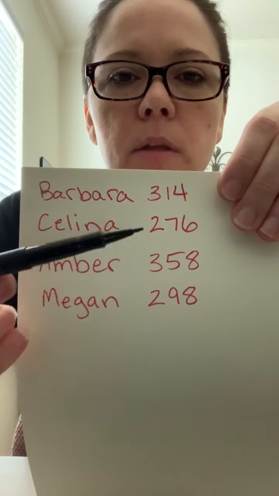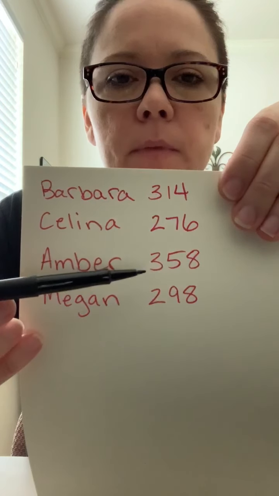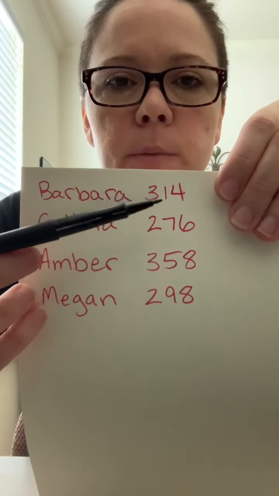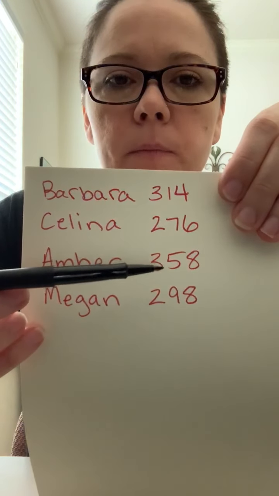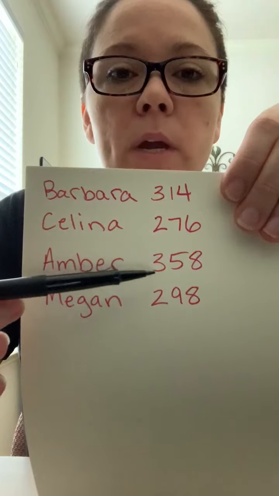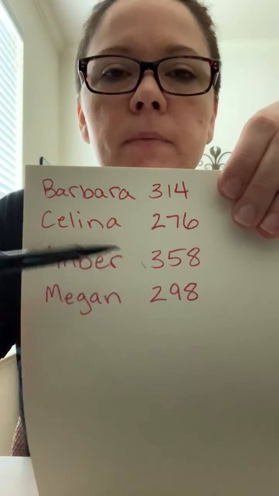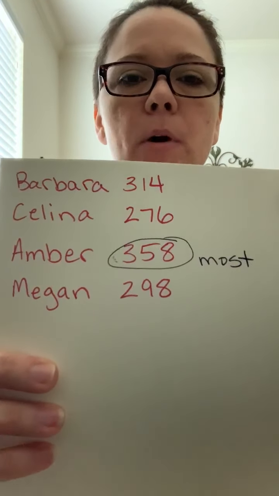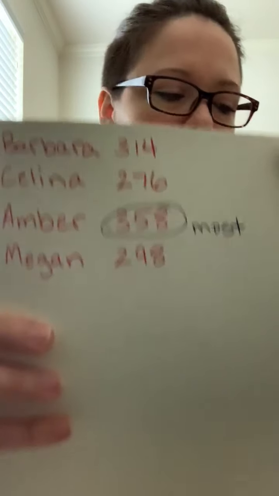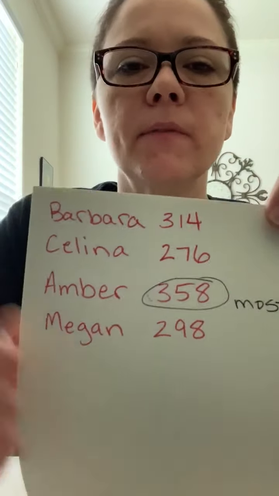So let's just look at the ones that have 300. And then let's look in our tens place. We have a 1 and we have a 5. Which one of those is bigger? The 5 is. So we know that this one has the most. So we're going to write most. M-O-S-T, most.